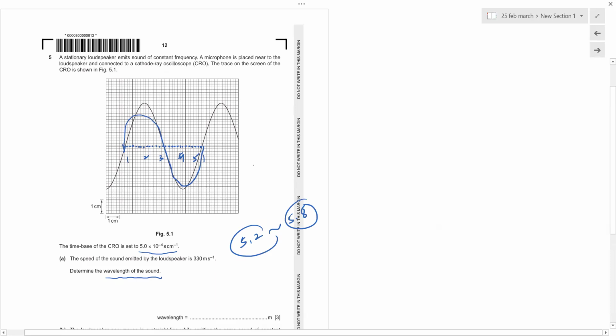So if you count more clearly, for each box we have 5.0 exponent minus 4. So times it with 5 point, let's say 8, yeah, 5.2, yeah, 5.4, whatever. That is going to give you the time, right?